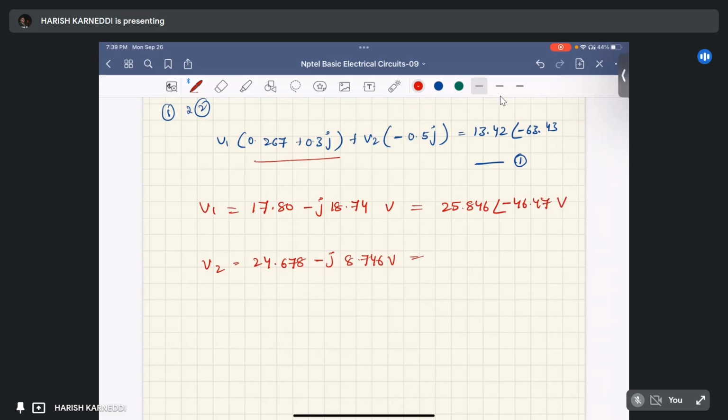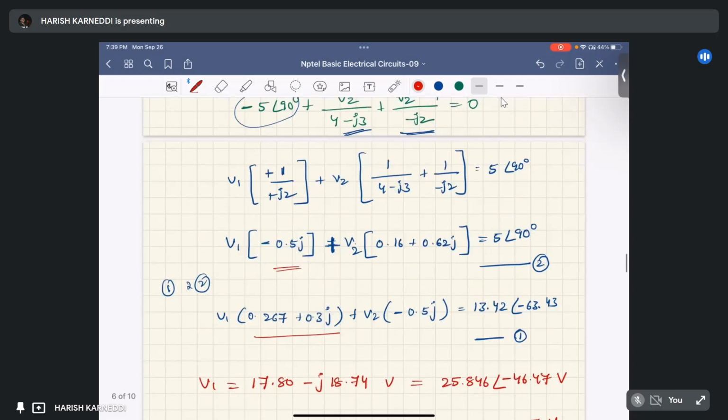Similarly, this V2 value is 24.678 minus 8.746j, in polar form which is 26.181 at an angle of minus 19.51. This is V1 and V2.